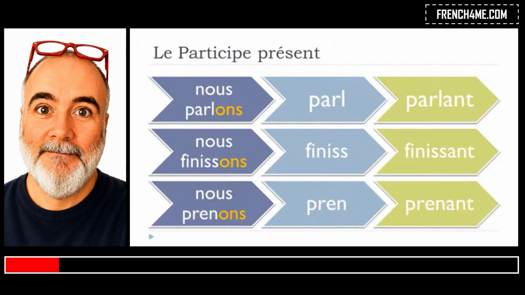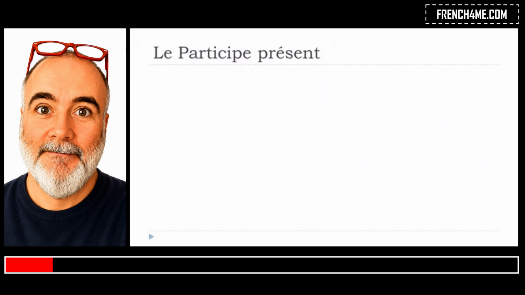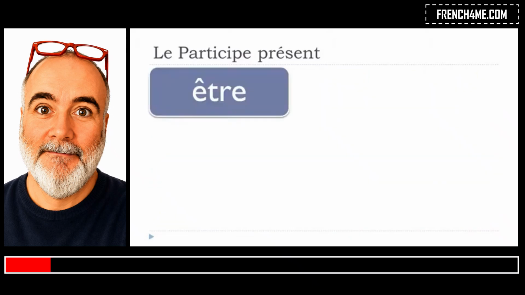All right, but then of course, you know the French language, and we've got exceptions. But the good thing is that we've got only three exceptions. The first one is être, and it will give you étant. So étant will be the participe présent form of être. Être is to be.